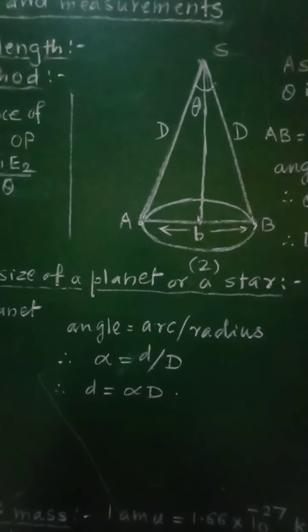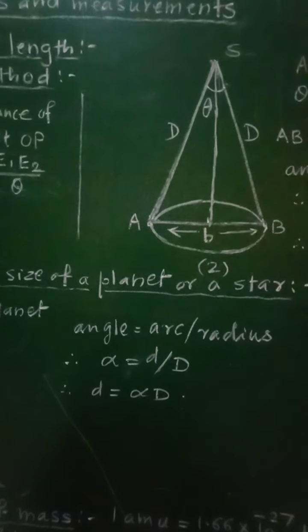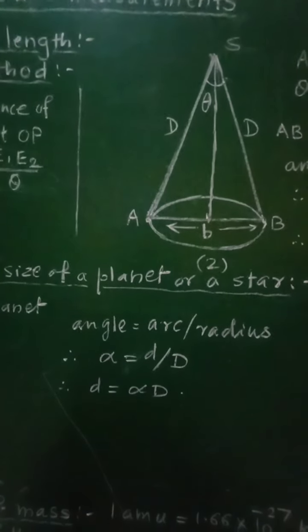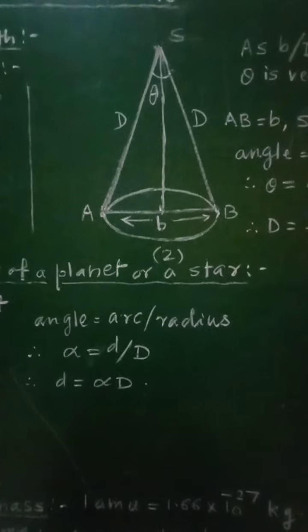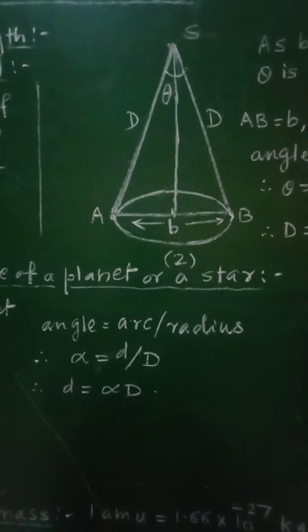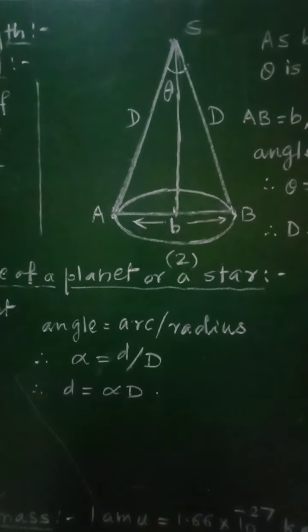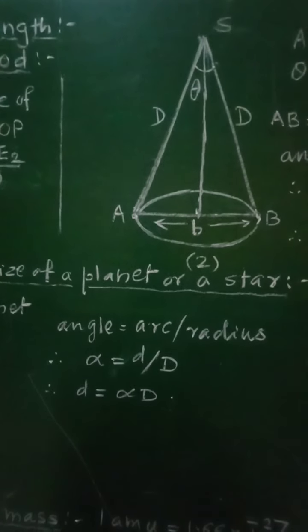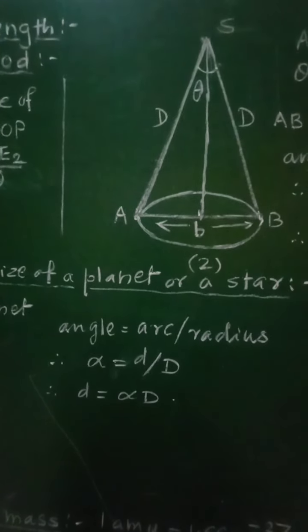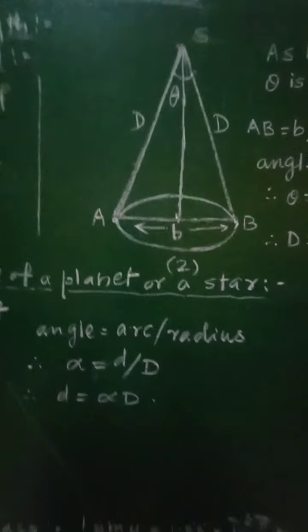Then two observers at these two points observe a distant planet S. So the observers are at two different positions A and B, and the planet which is situated at point S will be observed simultaneously. Then measure the angle ASB.